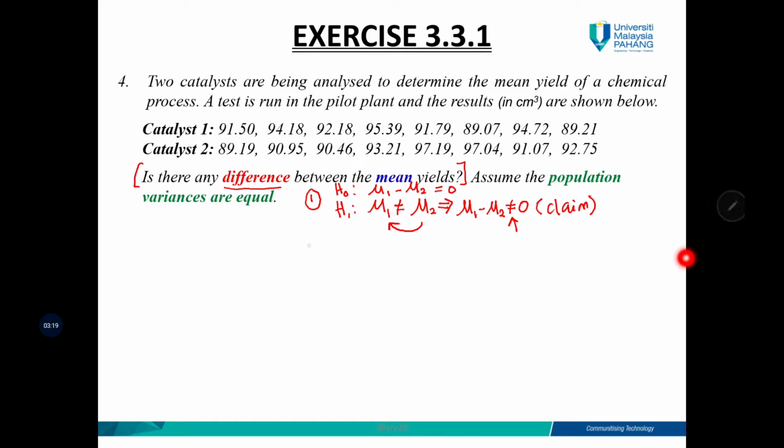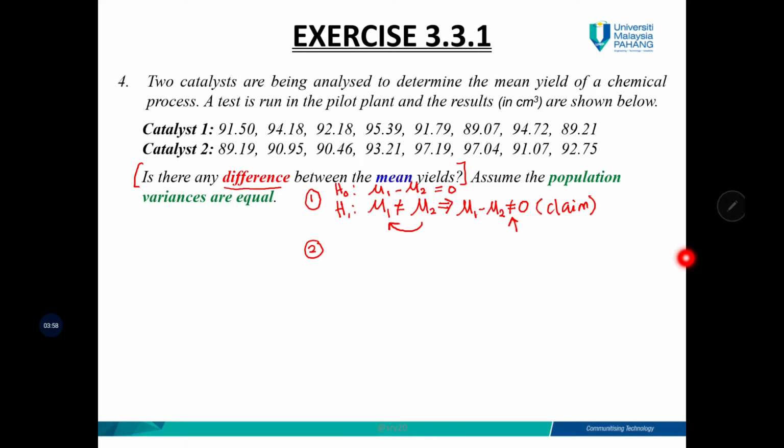Now we go to step 2. In step 2, we want to choose the right test statistic for the parameter. Our parameter is mu1 minus mu2, so there are 5 test statistics that we need to consider. To help us choose the right test statistic, we need to look at the information given. We have a data set of catalyst 1 and catalyst 2 here.